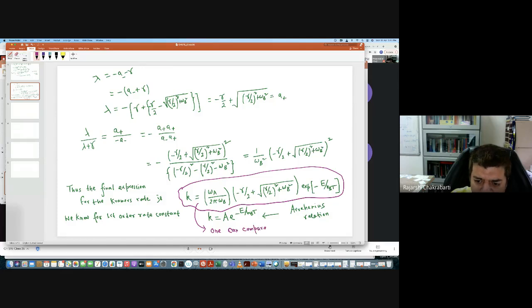You can see that it gives you an expression of the prefactor, this A, in terms of the energy landscape parameters like omega A, omega B, so the potential energy parameters, and also the friction. So they express A in terms of omega A, omega B, and friction.